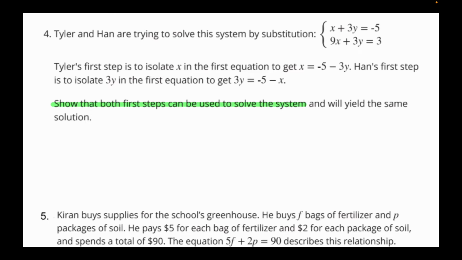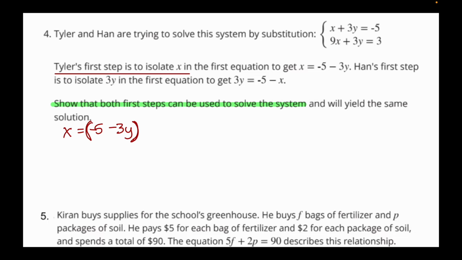Let's do Tyler's first step, which is to isolate x. He's using x equals negative 5 minus 3y. So that means that's the substitute teacher right there, negative 5 minus 3y.